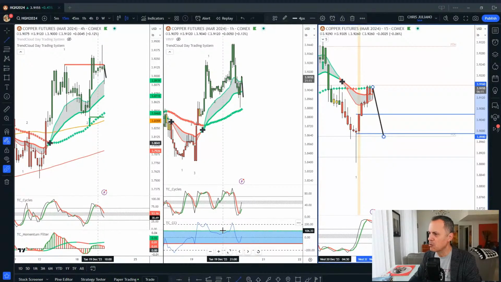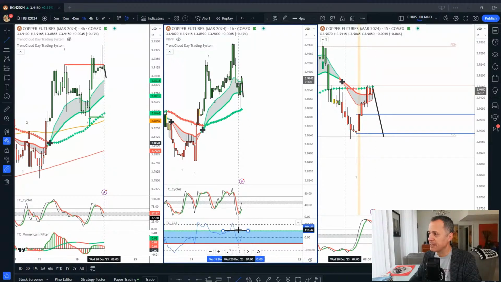See how momentum crossed above positive 200? And obviously positive 100, right? 100, 200. And now we are pulling back. It never crossed below negative 200. That gives us the green light to take this.